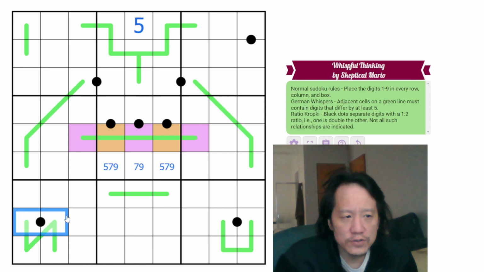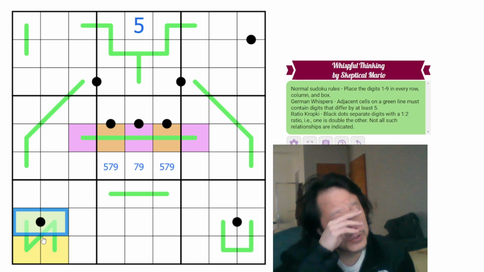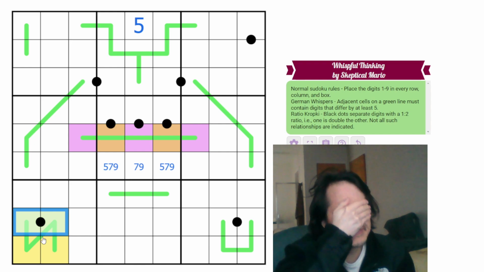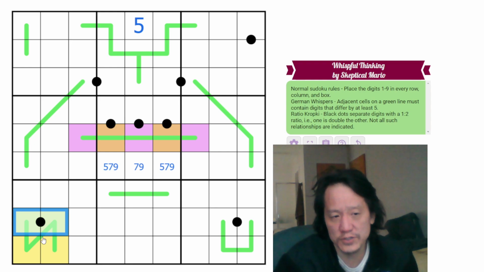For these two, these are the same set. And these are a different set. Right, so then this has to be either 1 and 2 or 2 and 4, right? It can't be 4, 8 because those are different sets. And it can't be 3, 6 because those are different sets.